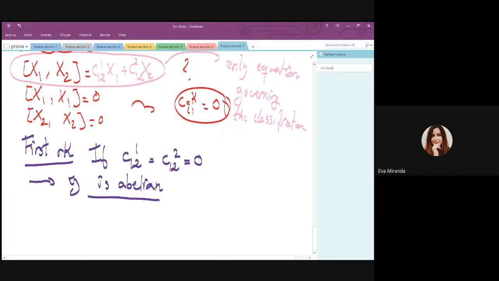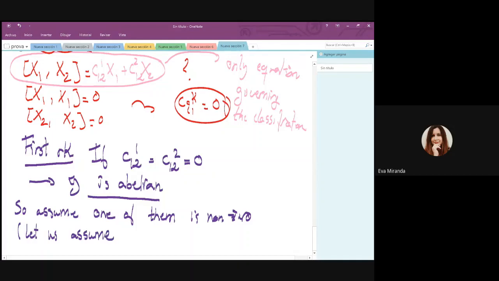So we may assume that one of them is non-zero. Let's assume, for instance, that the first one is non-zero. If it's the other one, then we change the order.